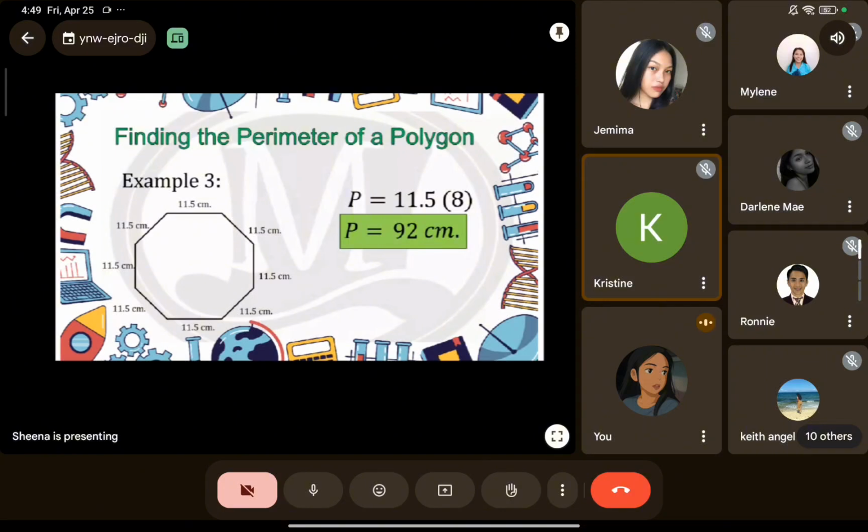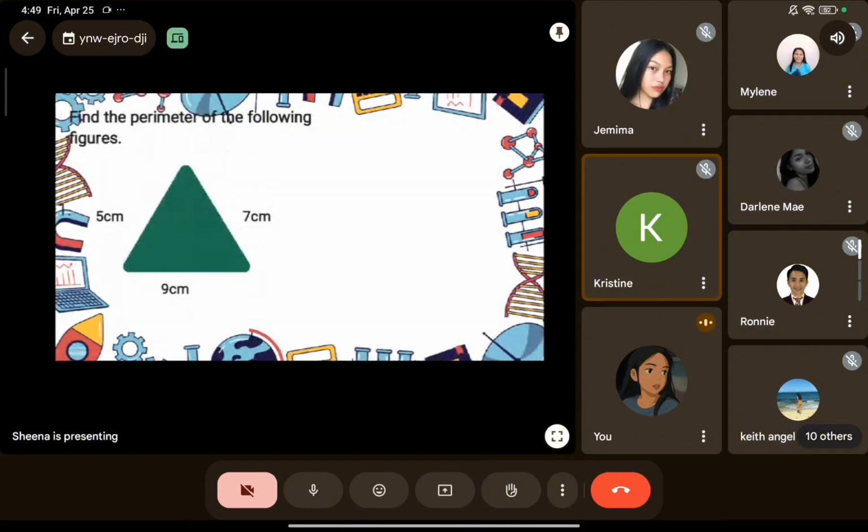Okay, next slide. Find the perimeter of the following figures. Please answer all, then I will ask for your answer. After that I will tell you the answer. The formula to use is the same as before, P is equals to S1 plus S2 plus S3.